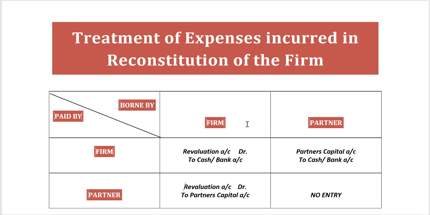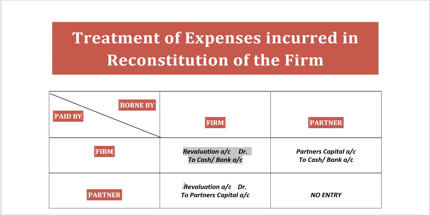Now where the expense is to be borne by the firm and the firm pays the expense also, then the journal entry is revaluation account debit to cash or bank account.